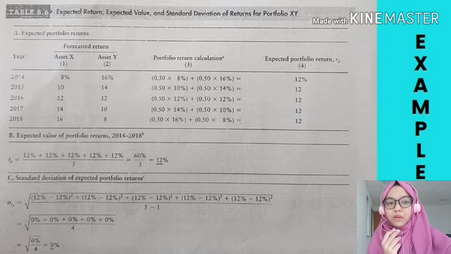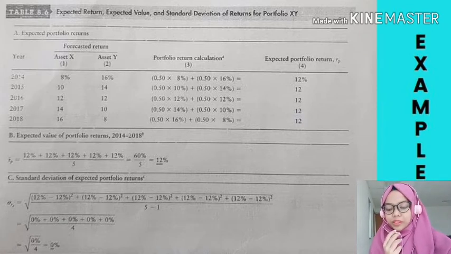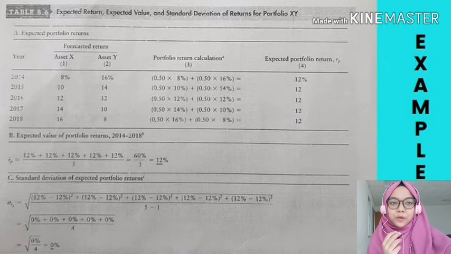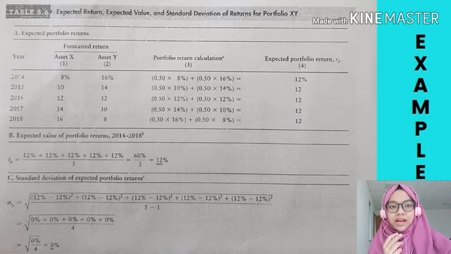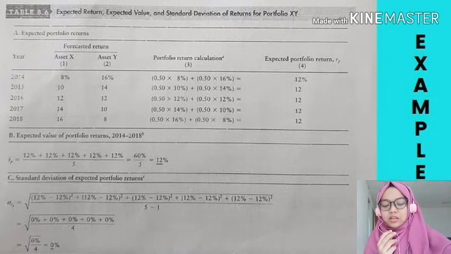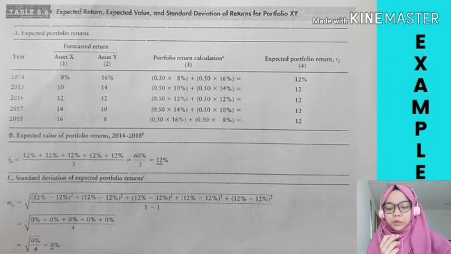Expected portfolio returns for the years from 2014 until 2018. Forecasted return by asset X and asset Y. So how do we calculate portfolio return?